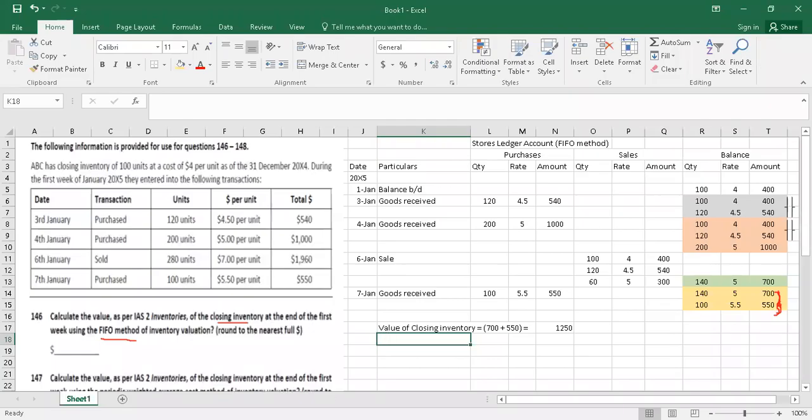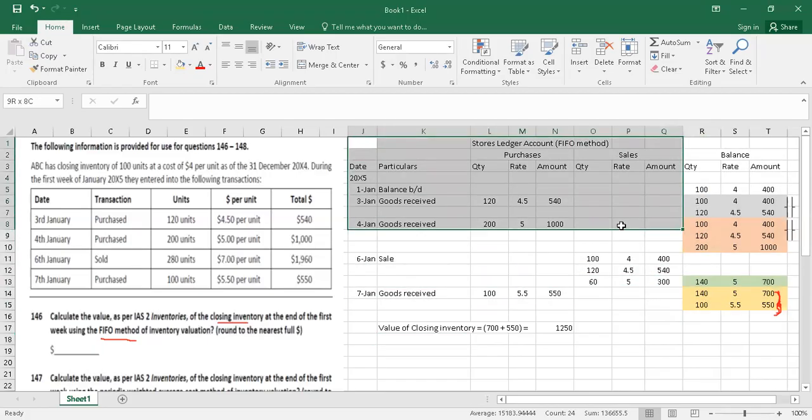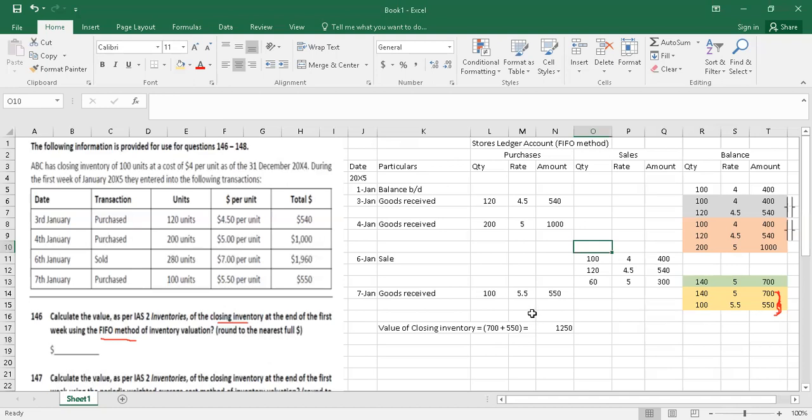If this is clear, we'll go to the next method, which is weighted average. Please have a look at this one. There's another method, if it is P4, called LIFO. Whatever comes in last is issued out first.